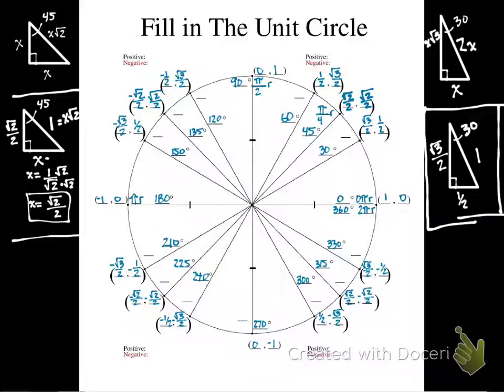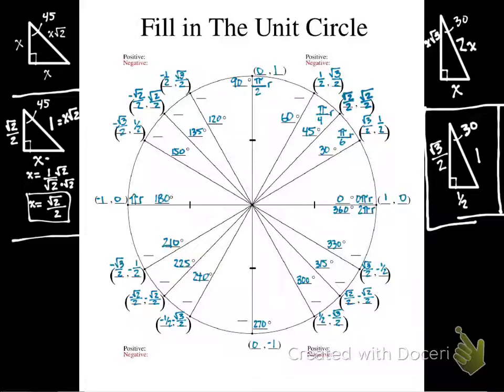How many? 6. So how many pi radians is it to get to 30 degrees, if there's 6 of them here? Pi over 6 radians. This one's a little bit confusing. Okay, so this one's pi over 6 radians.